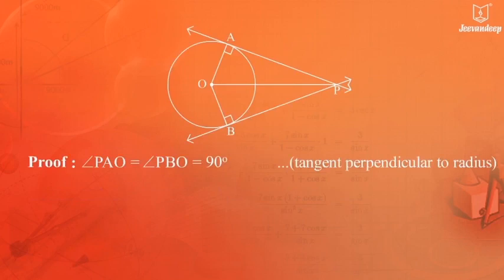Proof. Angle PAO equals angle PBO, which equals 90 degrees, as tangent is perpendicular to radius.